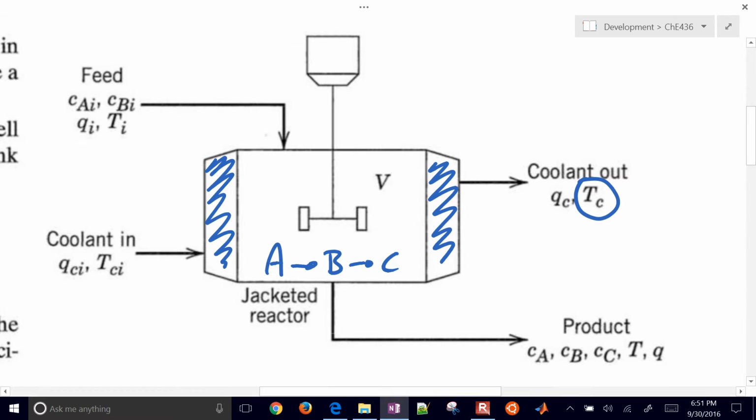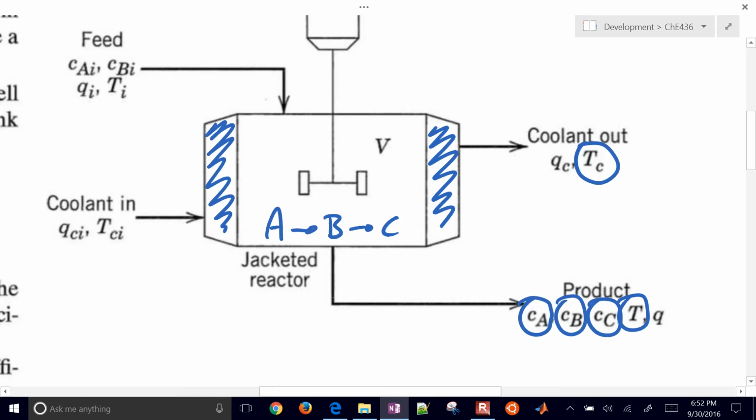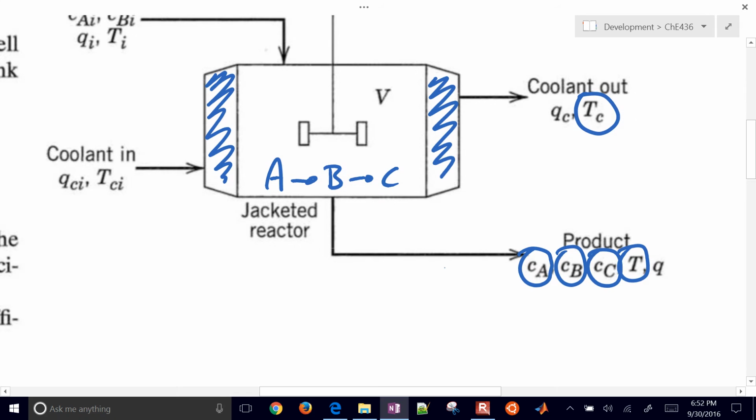We're also going to need a balance equation for the concentration of A, concentration of B, concentration of C, and also the temperature. Now if we assume that Q in is equal to Q out, then we don't need a balance equation for that, but if we did, we could write a mass balance as well. So just these five variables right here.